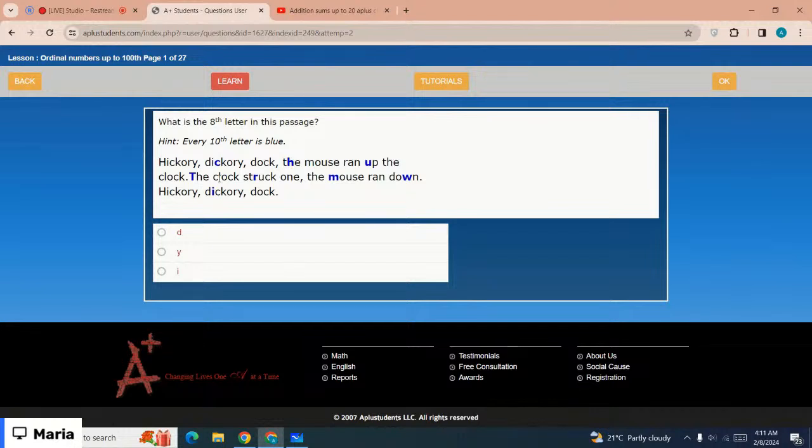This C is the first one, that is 10th. Go back, 9 is the I and 8 is the D. That means D is at the 8th position. You don't have to count from 1 to 10.